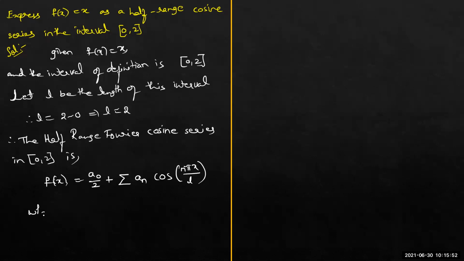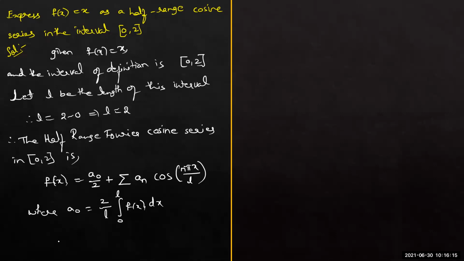I'm just writing the formula here once, where a naught is equal to, as you have seen already, normally for 0 to pi we write it as 2 by pi. And here we write it like this: 2 by L, integration from 0 to L of f of x dx.